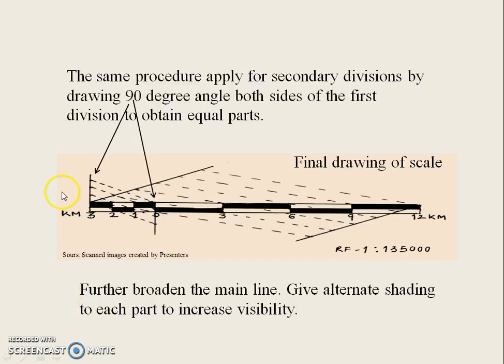Apply the same procedure for secondary divisions by drawing 90-degree angle both sides of the first primary division, left side of 0, to obtain equal parts as shown in the diagram. Further, broaden the main line, give alternate shading to each part to increase visibility as shown in the diagram.